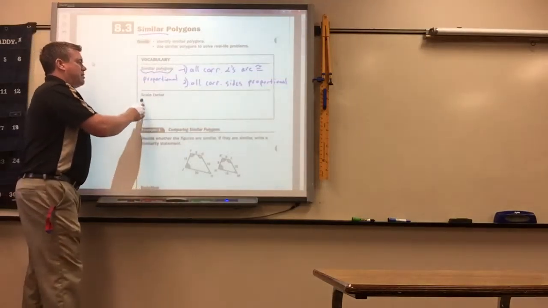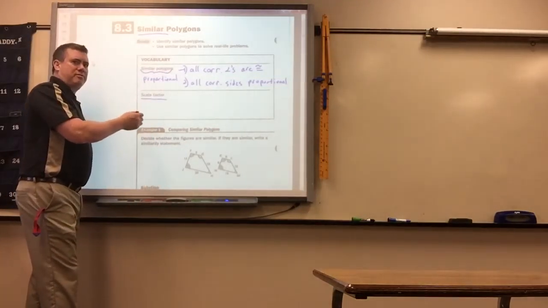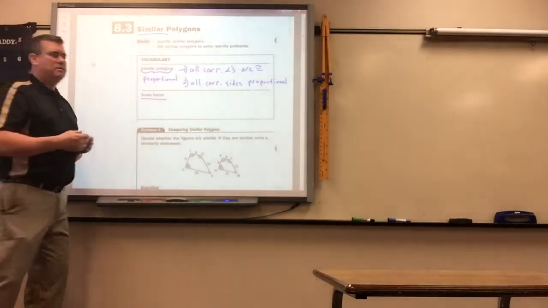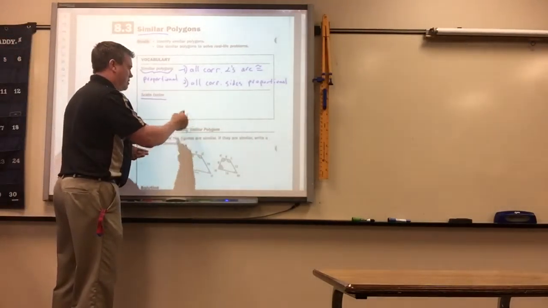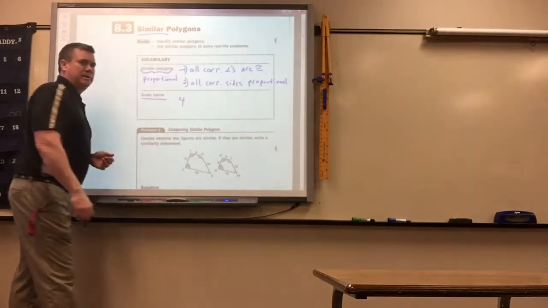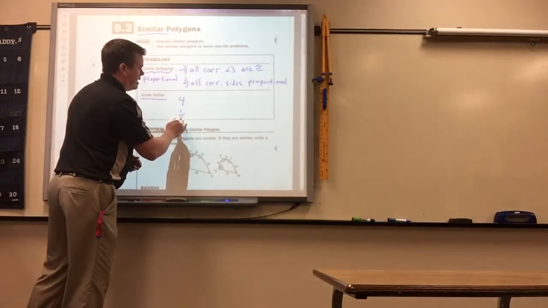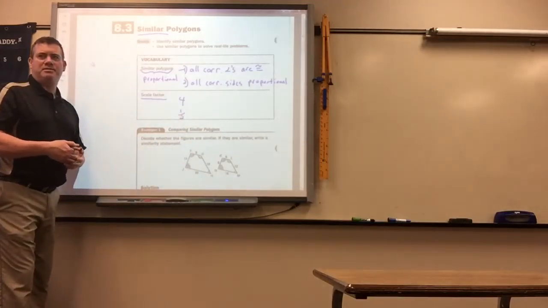And then the scale factor, all this does, a scale factor tells you how much something shrinks or expands. So if you've got a scale factor of say 4, that means it's 4 times bigger. If you got a scale factor of 1/2, that means it's half the size.